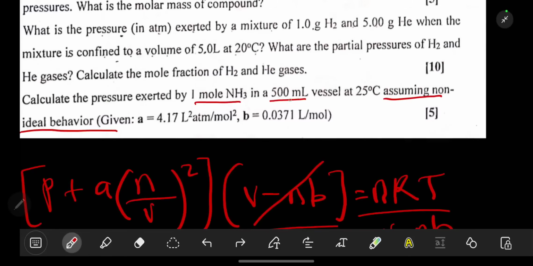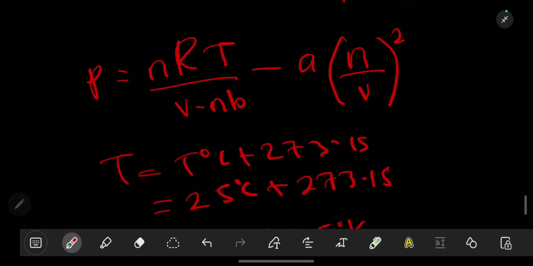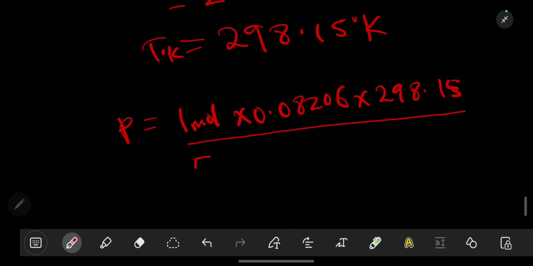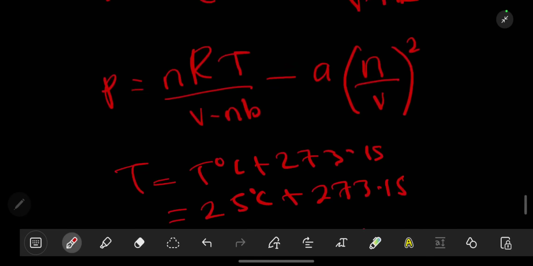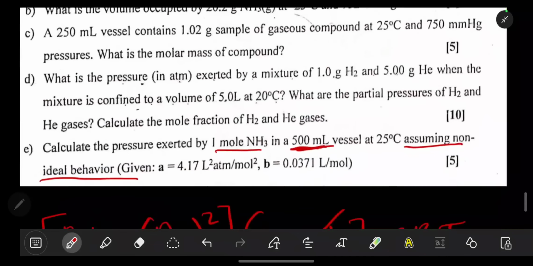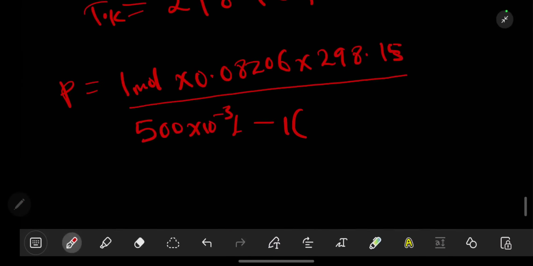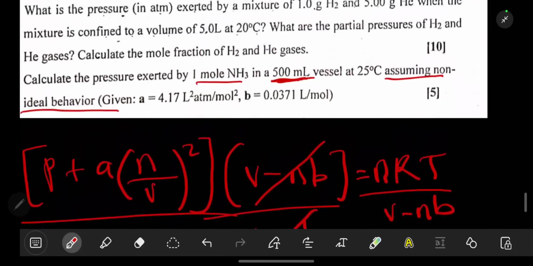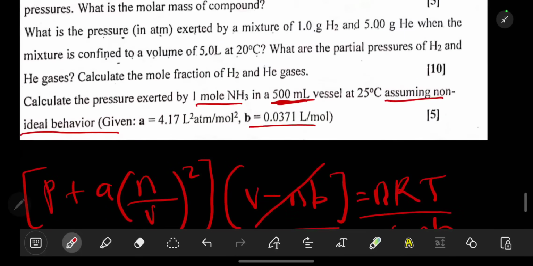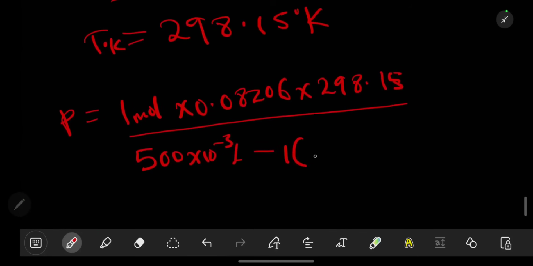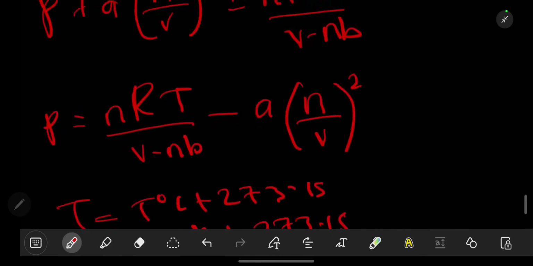The volume is 500 milliliters, so we can put 500 times 10 to the power negative 3 liters, minus the number of moles, 1, times b. Our b is equal to 0.0371.